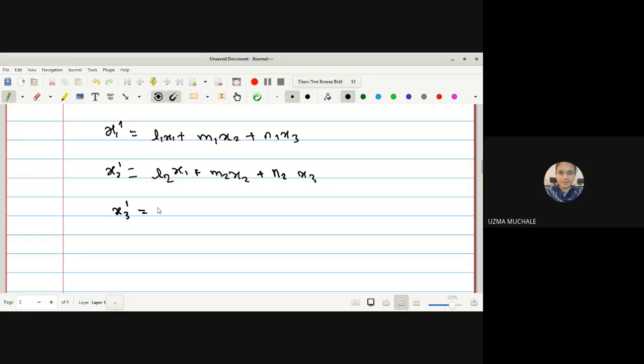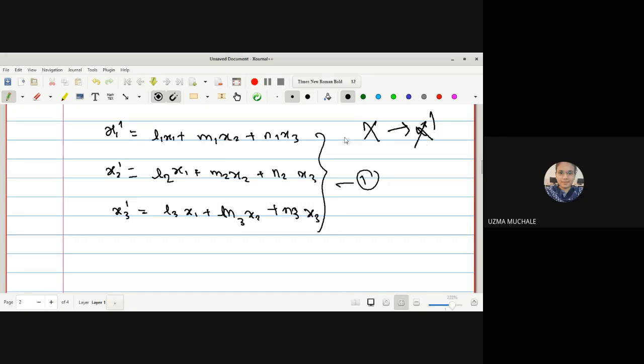X3 dash, that is the new coordinate, I can write as L3 x1 plus M3 x2 plus N3 x3. Okay, this is our equation 1. It is a transformation from x to x dash.